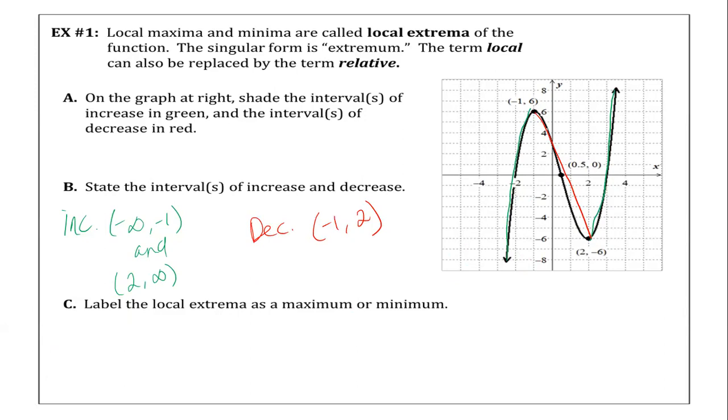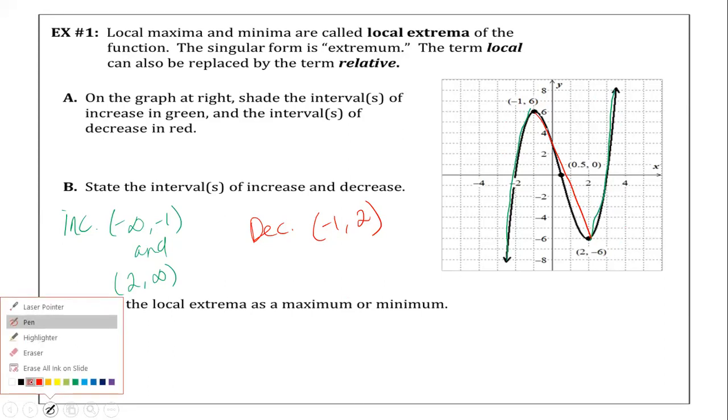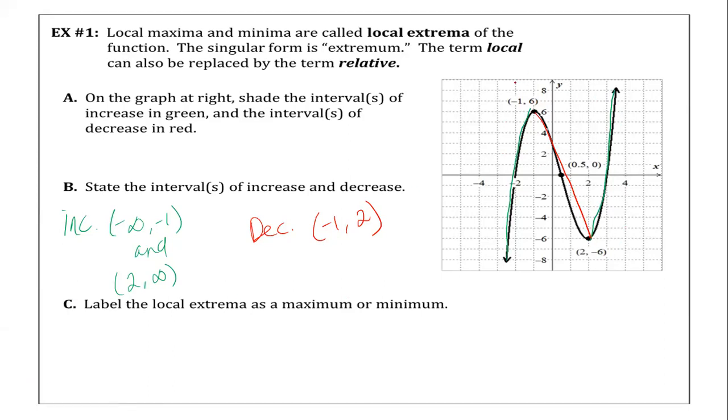Now, when we're talking about labeling the local extrema as a maximum or a minimum, when I look at this graph, do I have some extrema? All right, where are they? We're going to label it on our graph. So what do we have? There we go. We have a local max here at (-1, 6).